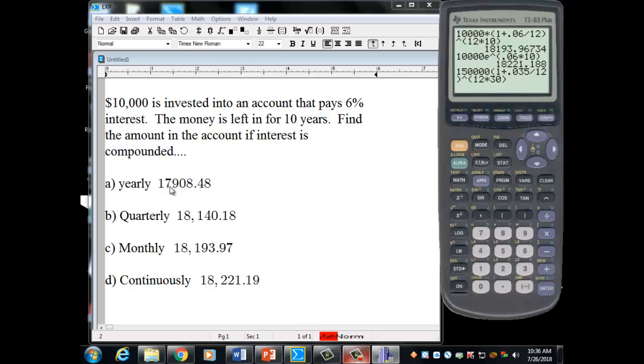It didn't even double. So in 10 years, it doesn't even double yet. You see what I'm saying? After a certain point, when the interest starts compounding on the interest, it skyrockets.